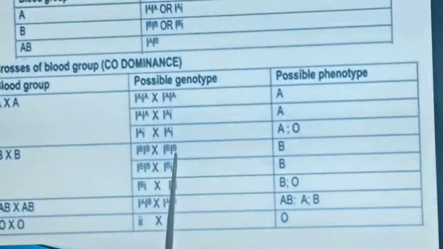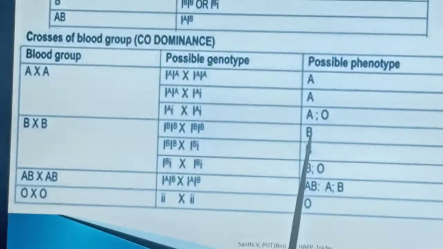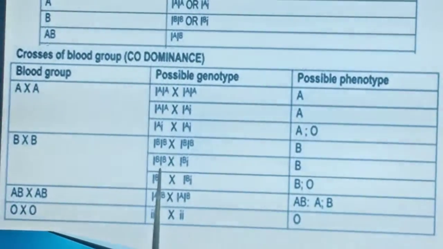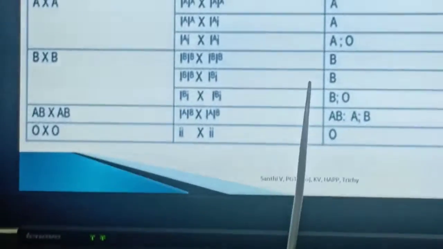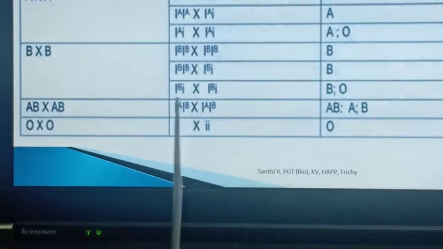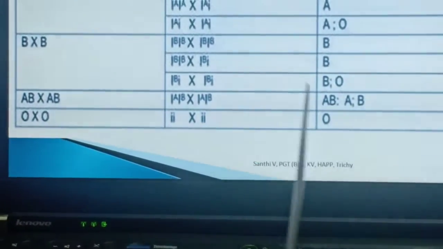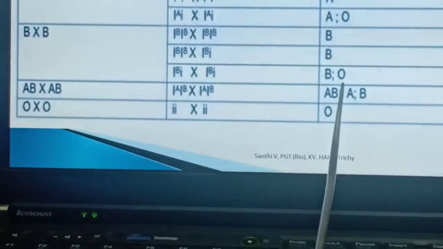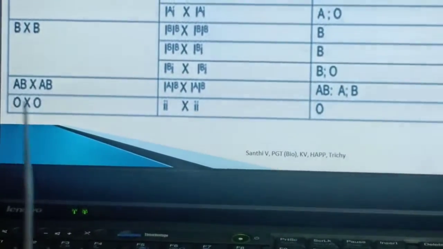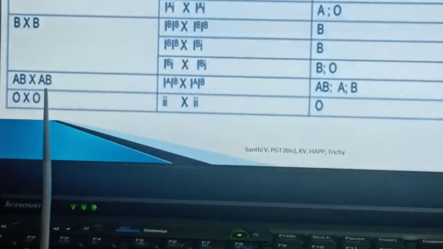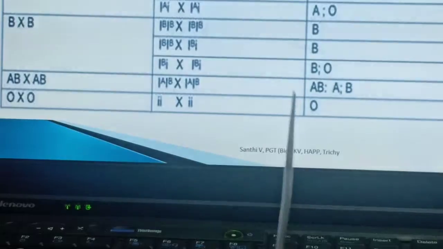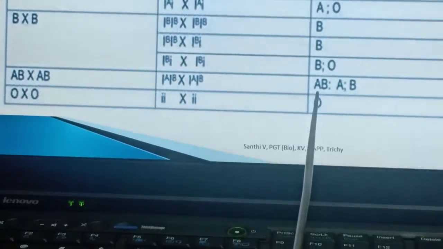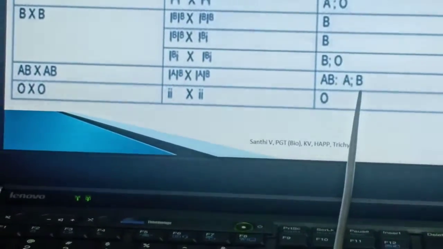The B blood group is the same way. If both parents are homozygous, only B blood group is possible. If one is homozygous and the other is heterozygous, B blood group. If both parents are heterozygous, there is a chance of B blood group and O blood group children. When both parents are of AB blood group, they can produce AB, A or B type children.